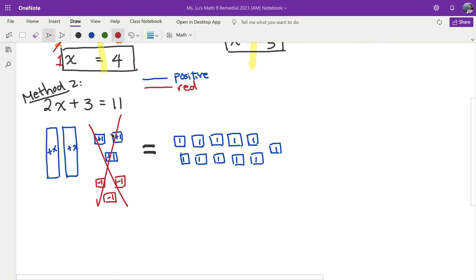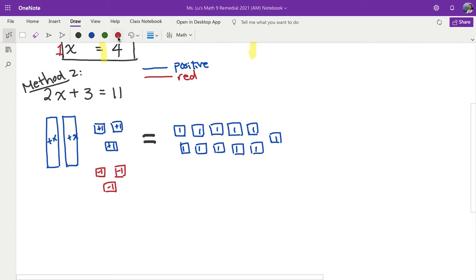You can use your tiles physically in front of you and move them over. The process of moving over is the same as getting rid of these positive blue tiles by putting 3 red tiles here. So now that it's gone, this step is over.